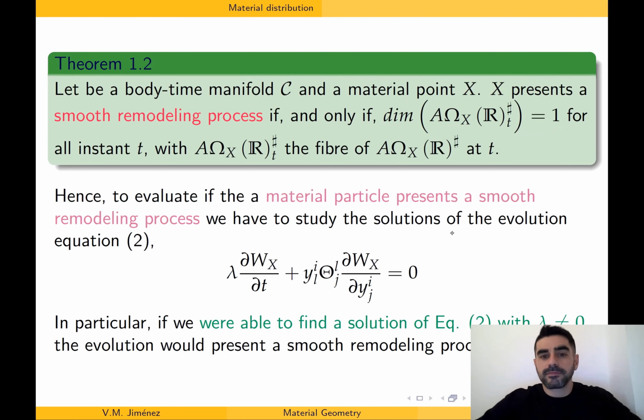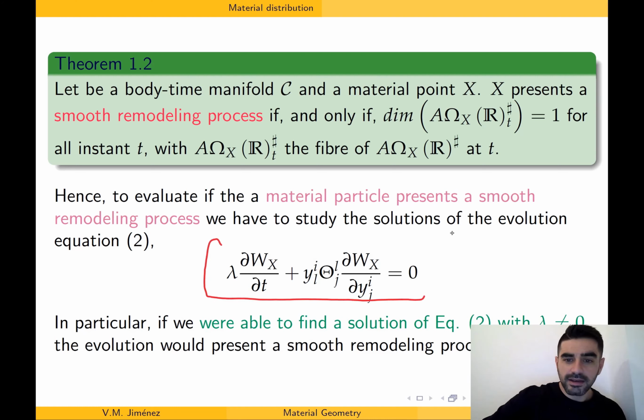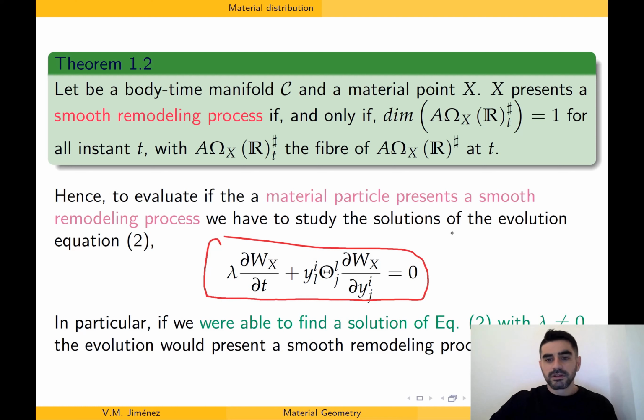So by using the evolution equation, a material particle presents a smooth remodeling process if we can find solutions for this equation with lambda non-zero. If we are able to find just one solution, you have proof that your evolution is in fact a smooth remodeling process.